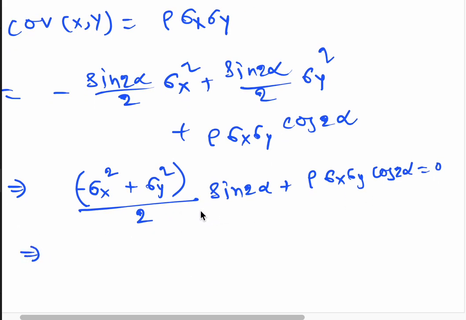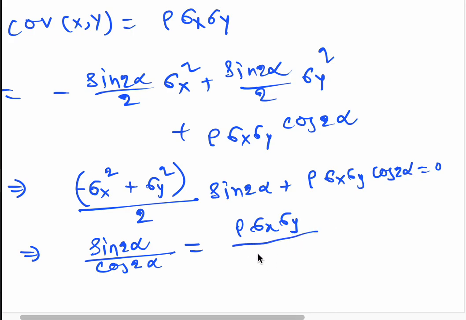That means sine 2 alpha by cos 2 alpha equals rho sigma x sigma y divided by (sigma x square minus sigma y square) by 2.